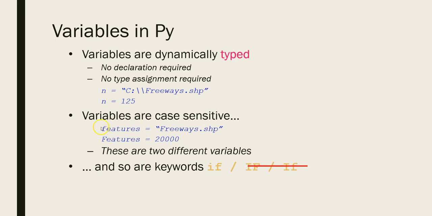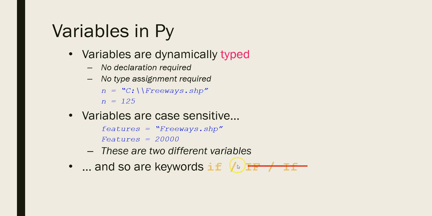So this variable features equals freeways.shp and uppercase Features are two different variables. There are also specific words in Python that perform specific tasks. They are called keywords, and they are reserved, so you cannot use them for a variable name. You cannot, for example, say if equals 2.